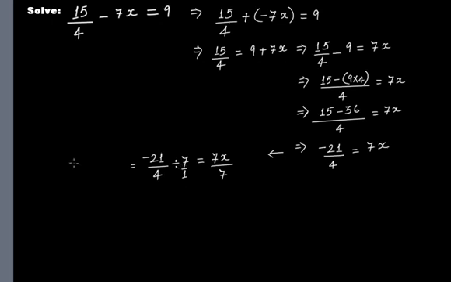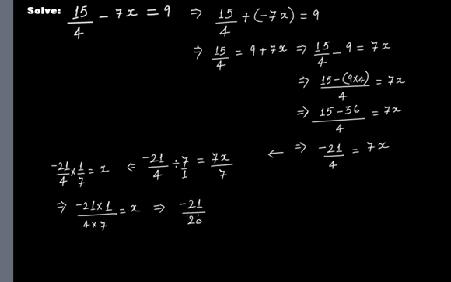So if we solve this, we get minus 21 by 4 times 1 by 7 is equal to 7x by 7, which means what? x only. Okay, so this becomes minus 21 times 1 and 4 times 7 is equal to x. You get minus 21 divided by 28 is equal to x. Now if you see the numbers 21 and 28, is there any highest common factor?